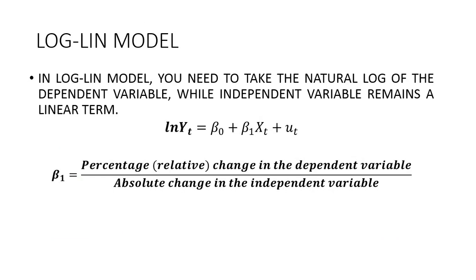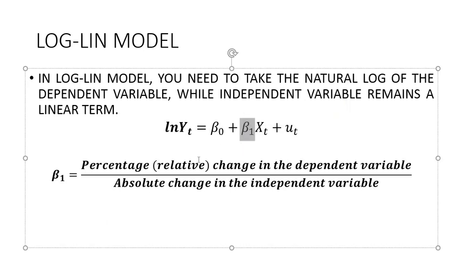Okay, so another thing is the log-lin model, and as the name suggests, in this model you take the natural log of the dependent variable, and the independent variable remains a linear term. So in this case, you interpret beta 1 as the percentage or relative change in the dependent variable accompanying an absolute change in the independent variable. So let's assume that beta 1 is equal to 5.